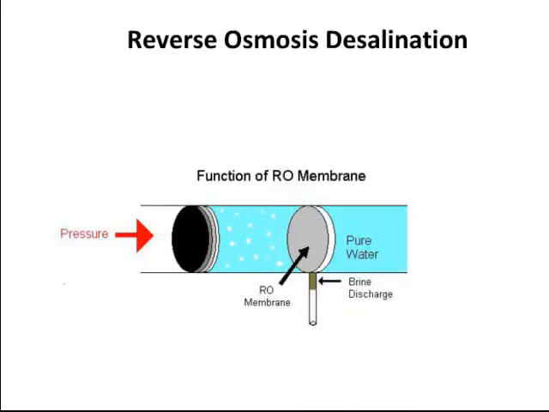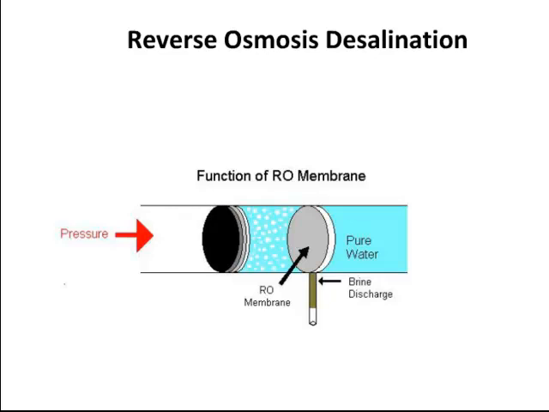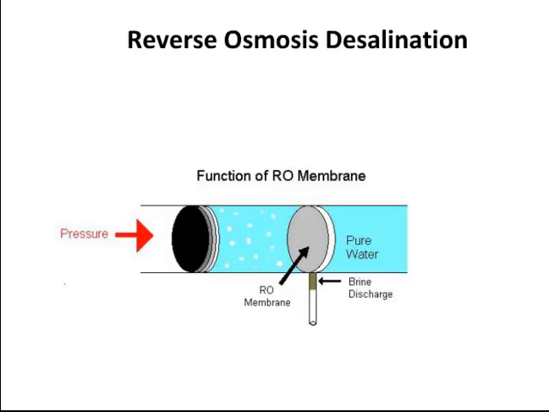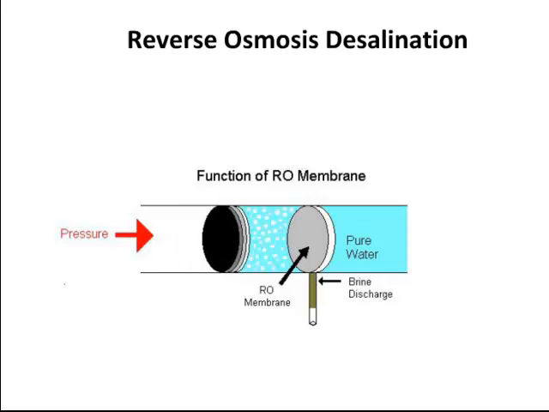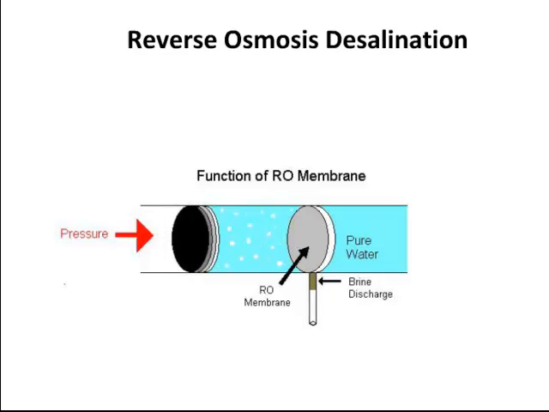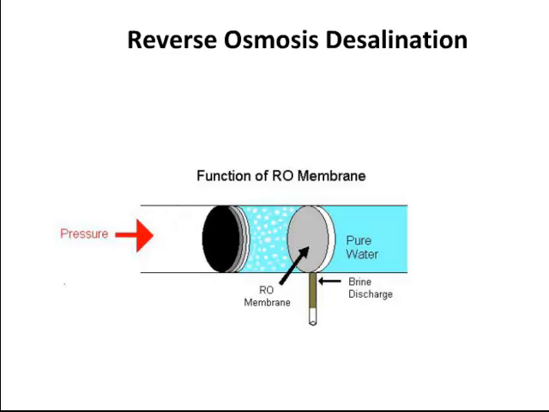One of the most common ways of doing desalination is called reverse osmosis. Now in reverse osmosis there is a thick filter membrane, and this filter membrane will not let salt ions pass through the membrane, but will let water molecules pass through the membrane.